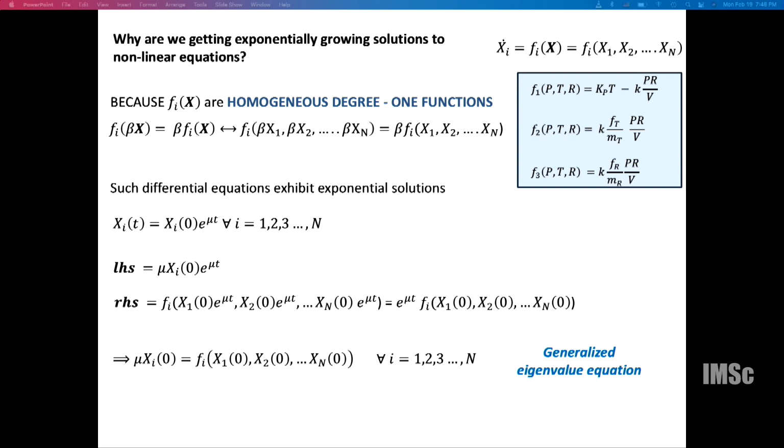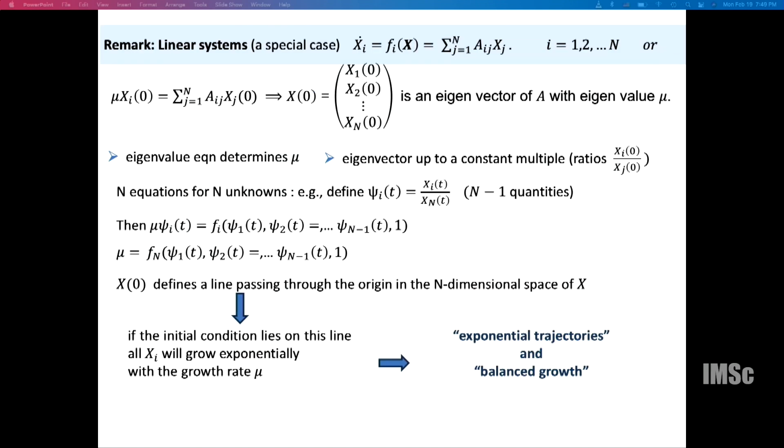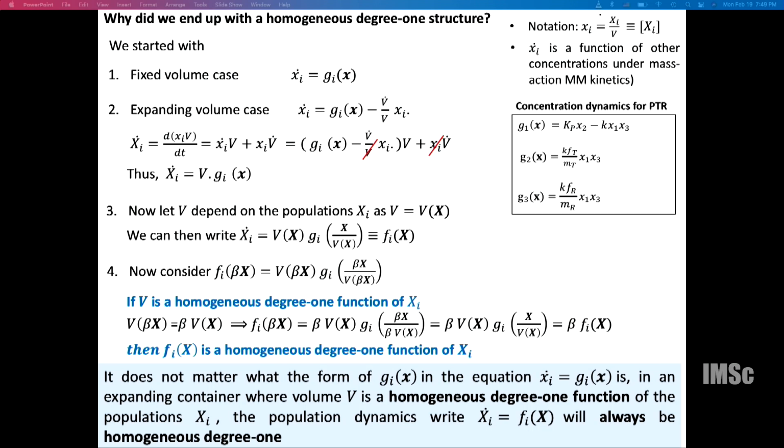But now I want to claim that you will always get homogeneous degree 1 functions whenever you are doing mass action kinetics, but the volume is itself either a linear or a homogeneous degree 1 function of the variables. This is going to always happen, and this is a simple proof of that.